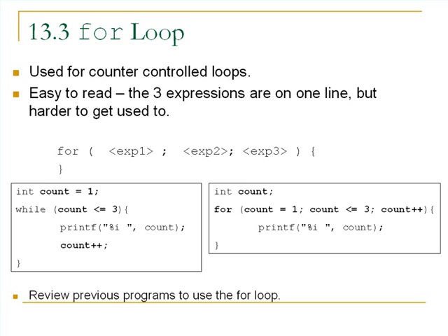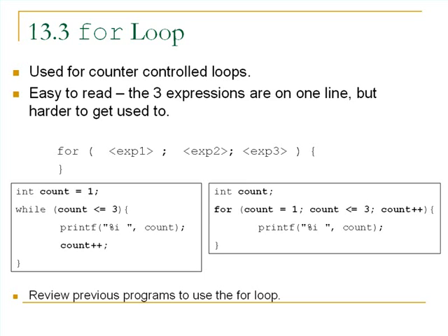Let's look at the 3 expressions on the left. The 3 expressions meaning where do I start? In this case we say count equals 1, count gets 1. And the stop condition, count is less than or equal to 3. And how do you get there? Count plus plus in steps of 1.